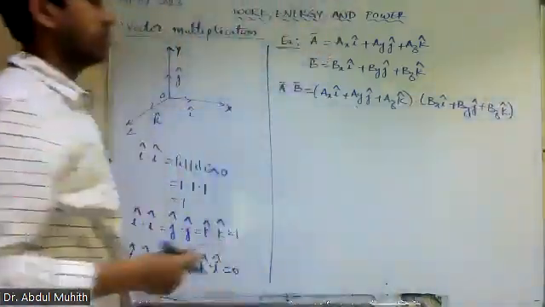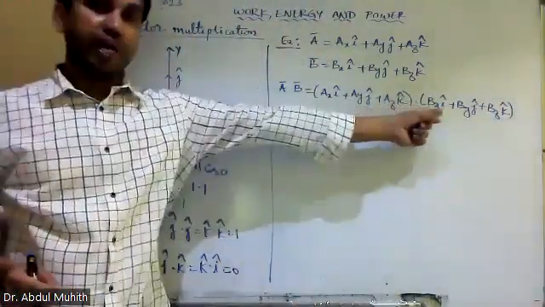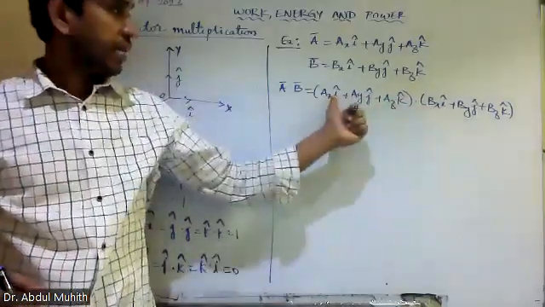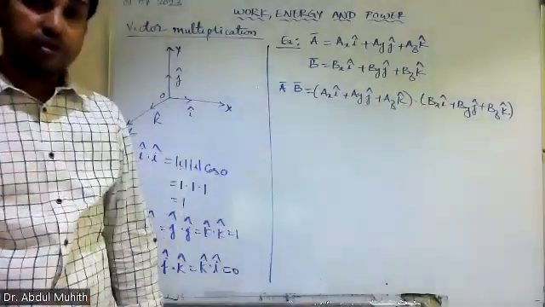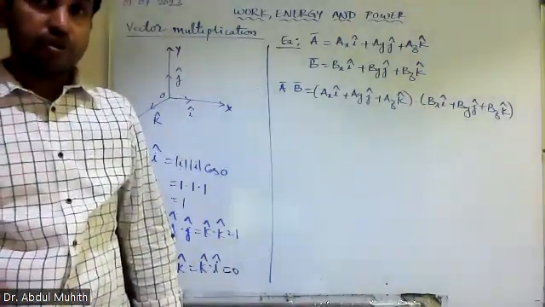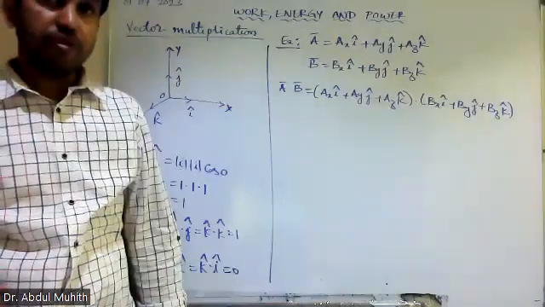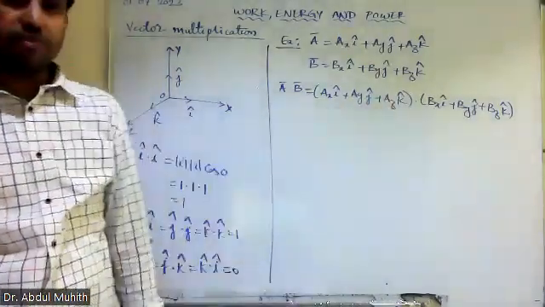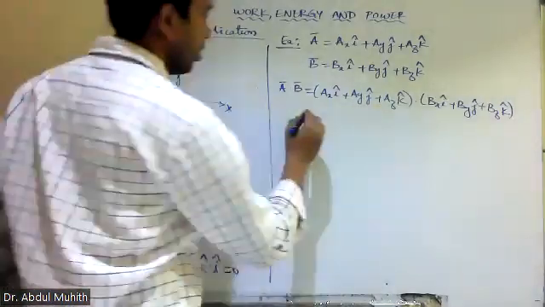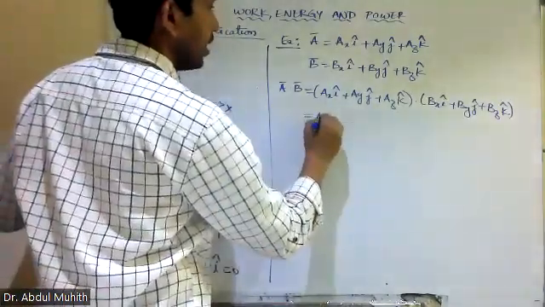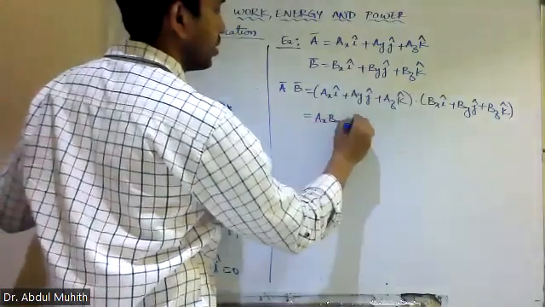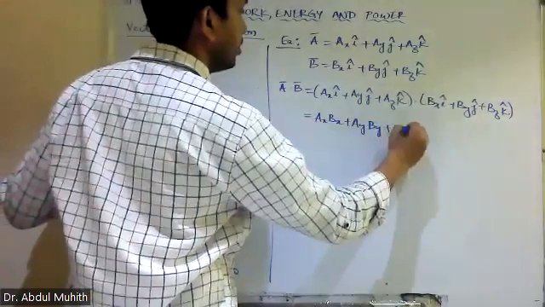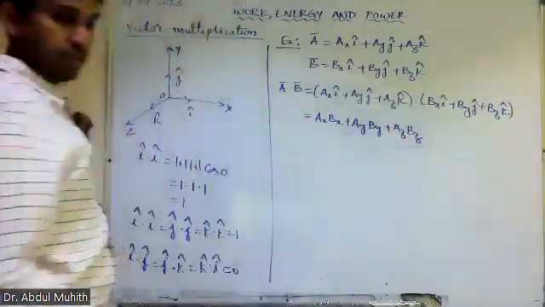Now see here, i dot i will become 1, whereas i dot j will become 0, and i dot k also will become 0. That is why we are taking only ax into bx plus ay into by plus az into bz. Understood now? So this is the value.